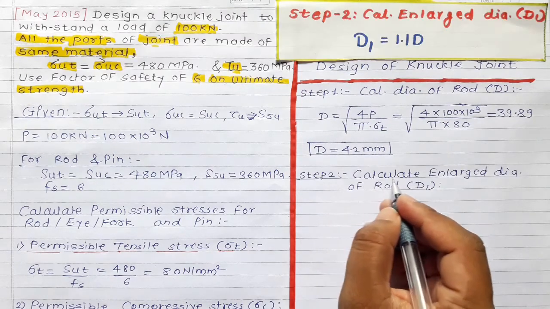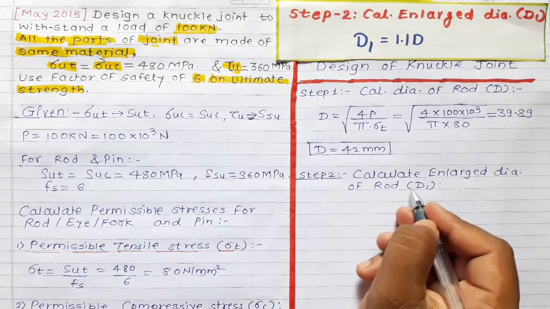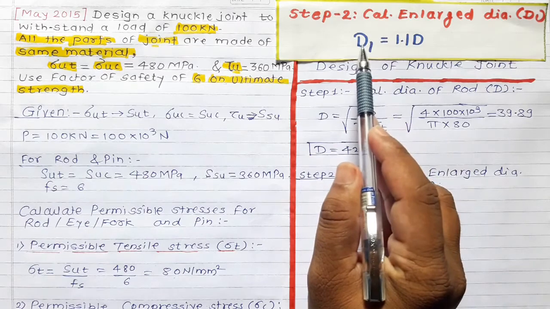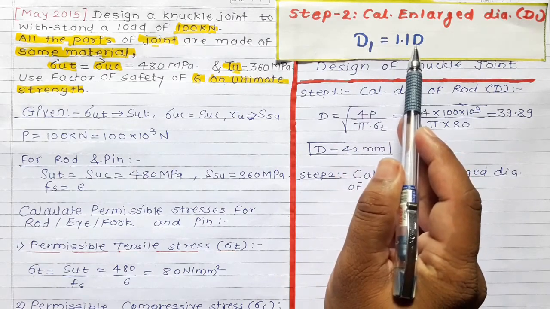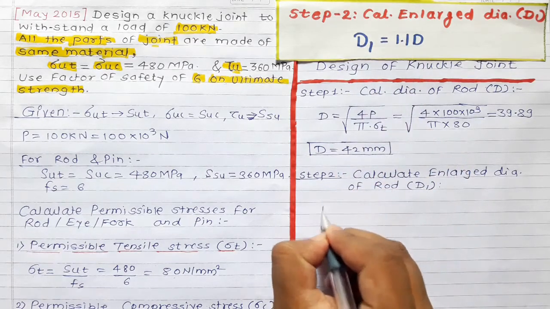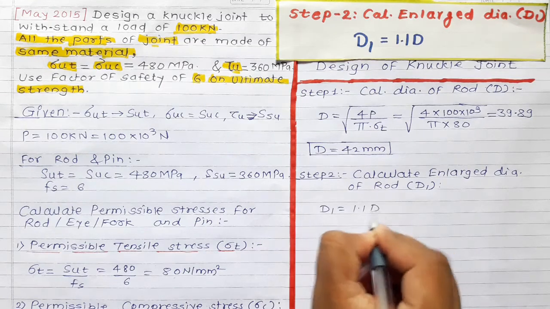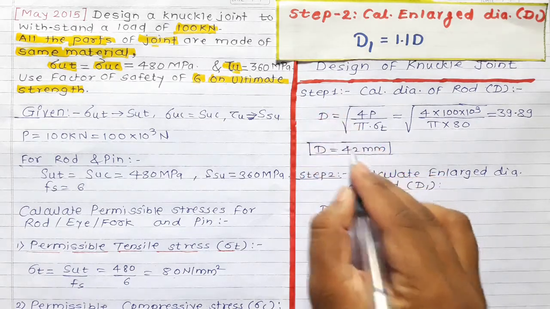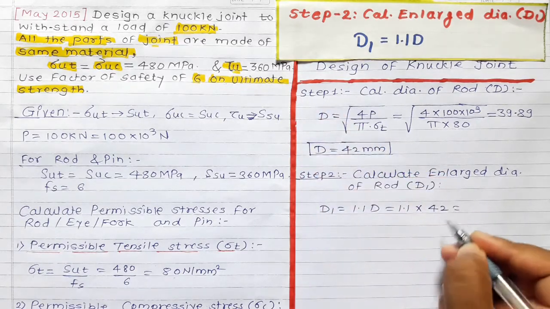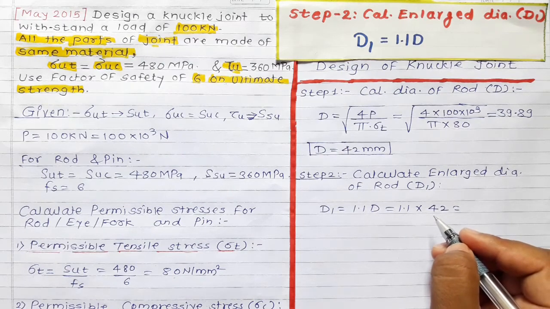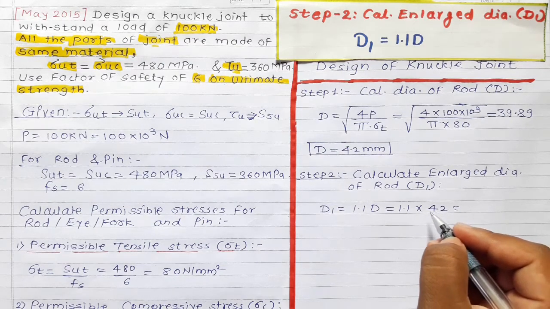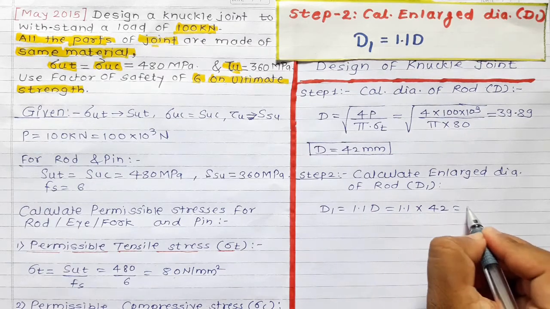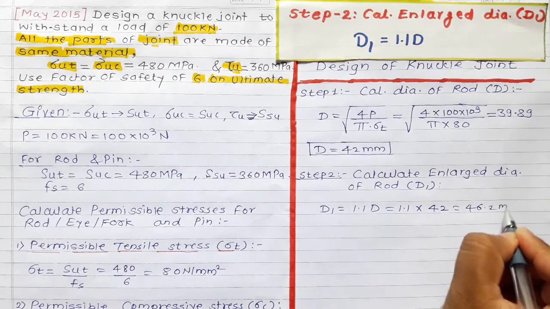Now the second step is calculate the enlarged diameter of rod, which is denoted by capital D1. From this step number 2, we can get the equation of capital D1 in terms of diameter of rod. So capital D1 is equal to 1.1 times the diameter of rod. Put the value of capital D, which we have calculated from step number 1, it is 42. Let us calculate this answer of D1. The answer is 46.2 mm.